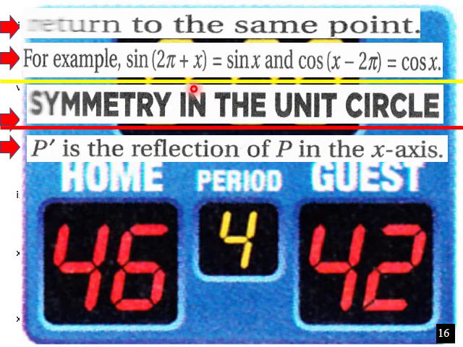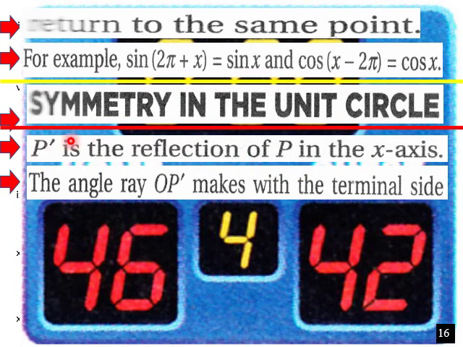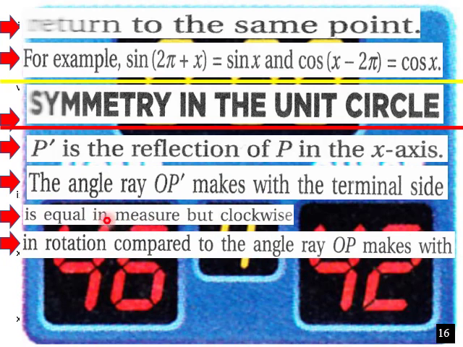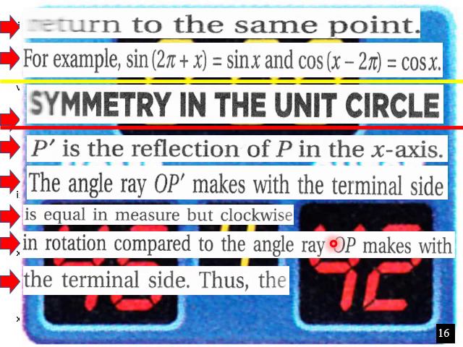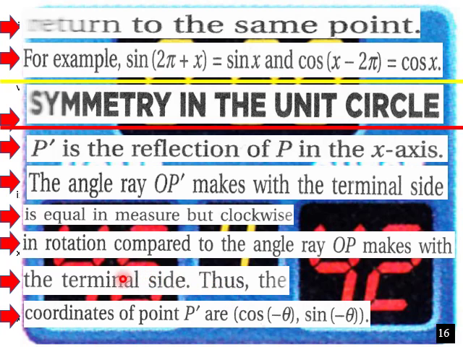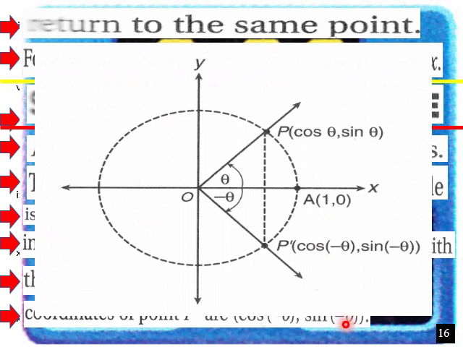Okay, symmetry in a unit circle. P prime is a reflection of P in the x-axis. The angle OP prime makes with the terminal side is equal in measure but clockwise in rotation compared to the angle OP makes with the terminal side. Thus, the coordinates of P prime are cosine negative theta and sine negative theta.